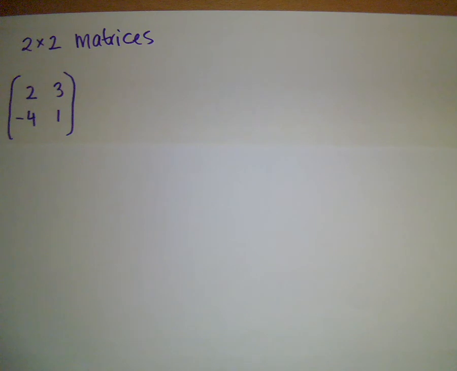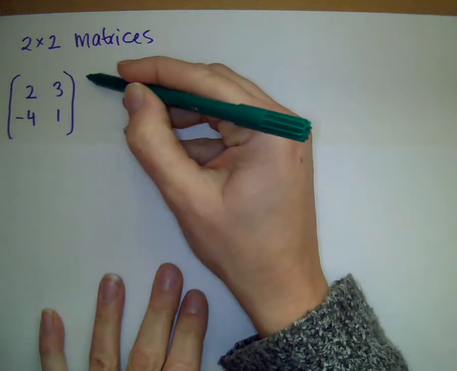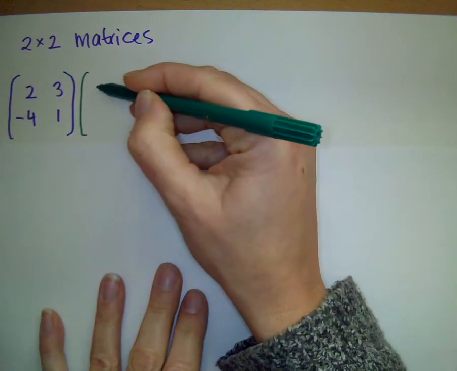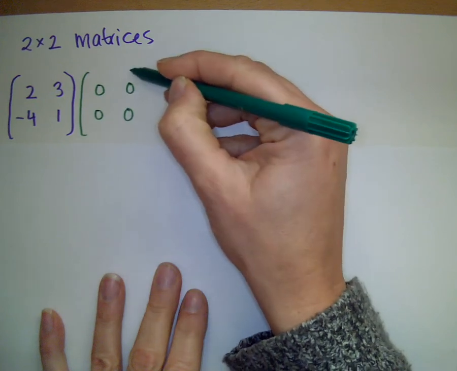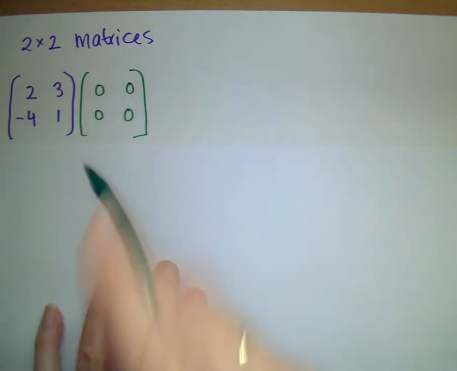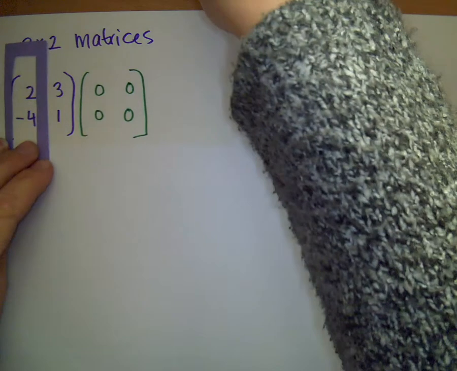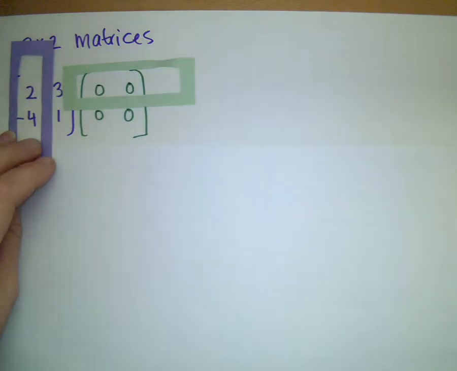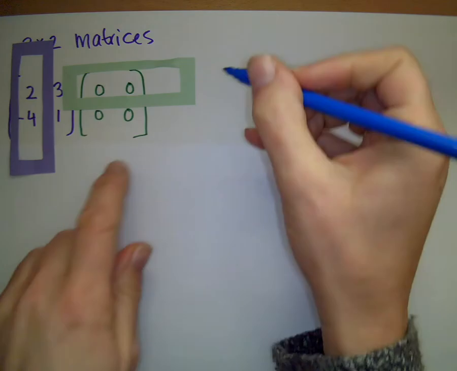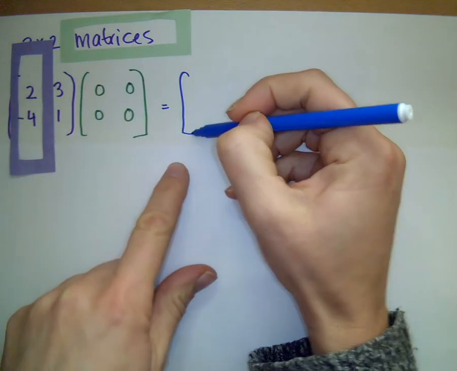All right, imagine multiplying this 2 by 2 matrix by a matrix that has only zeros. It's also a 2 by 2 matrix, so we can totally multiply those together, right? Let's look at what the answer for this would be. It's going to be a 2 by 2 matrix, right?